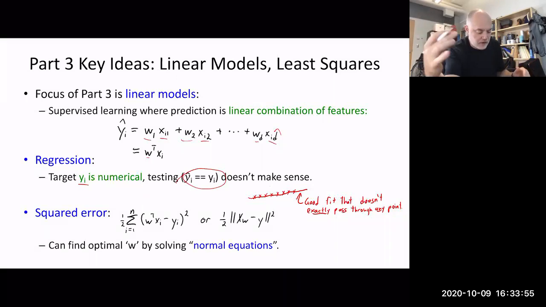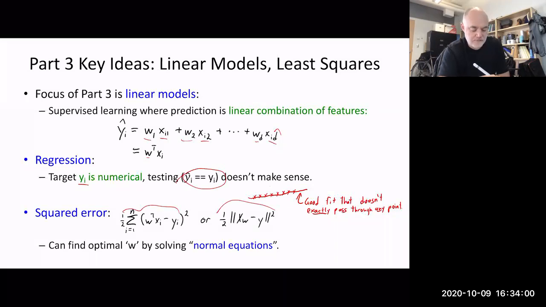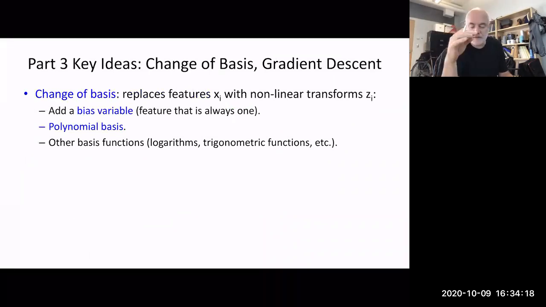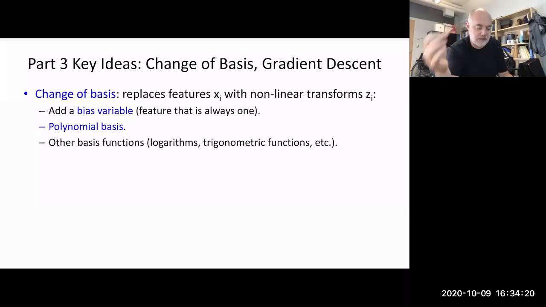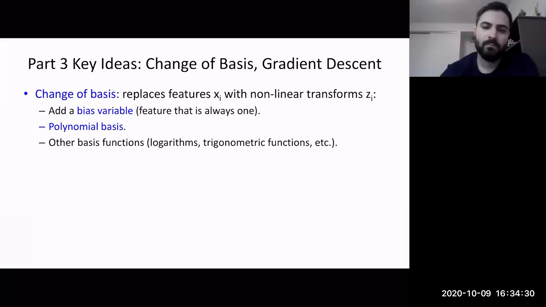We started talking about squared error, either in terms of individual data items or in terms of the squared norm of the residual vector. We derived the normal equations so that we can solve them in the least squares case for an optimal parameter. We introduced a very powerful concept that's going to stick with us through the rest of the term, which is a change of basis, where we replace the features X with nonlinear transforms Z. We started with adding a bias variable, which allows the regression relationship to not pass through the origin at feature value 0.